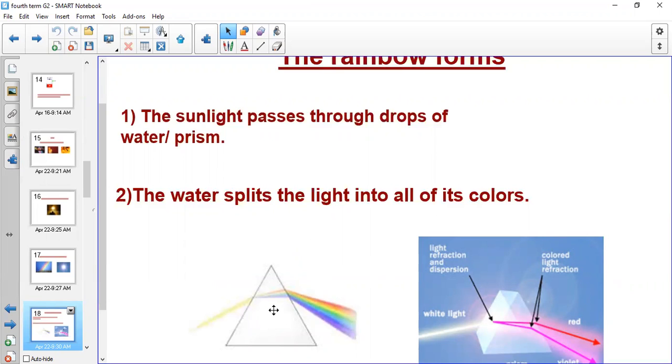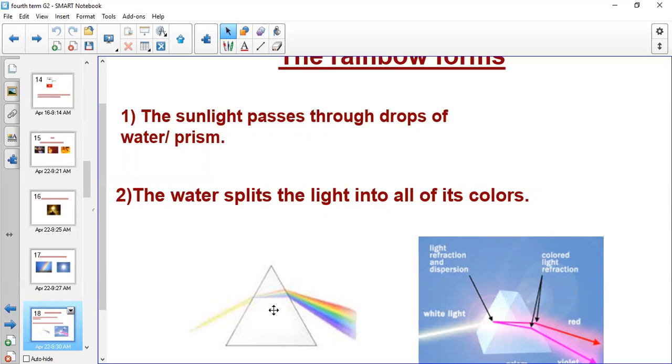So when we have sunlight and rain at the same time, you can see the rainbow. Why? Because the sunlight passes through drops of water and the water splits the light into all of its colors.